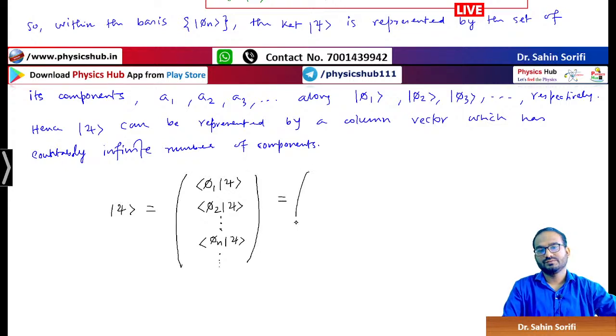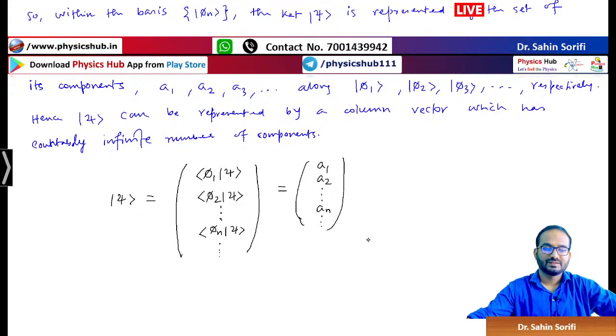So this is equal to the column a1, a2, up to a n. This is how you represent the ket.